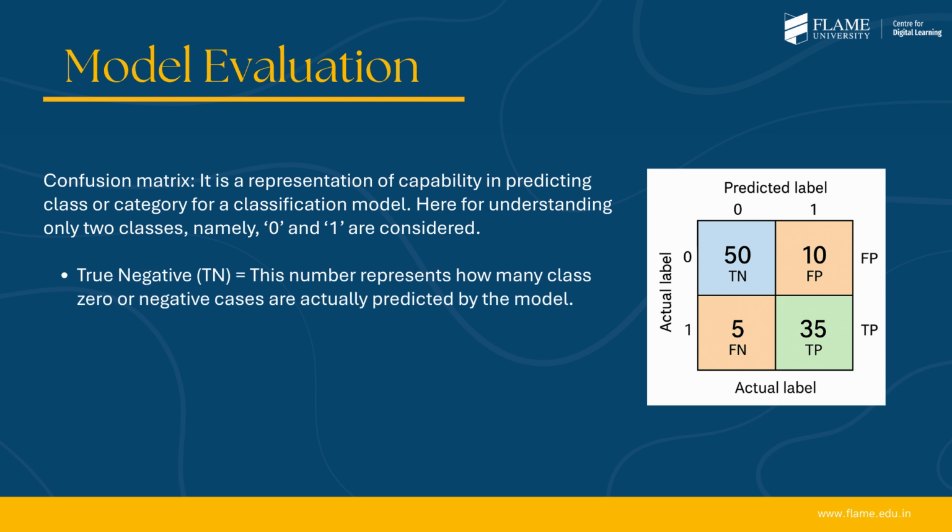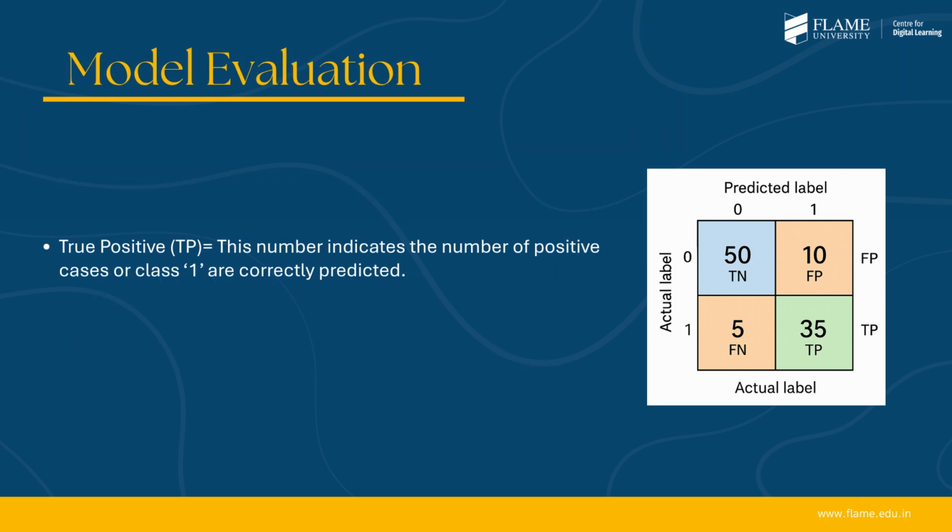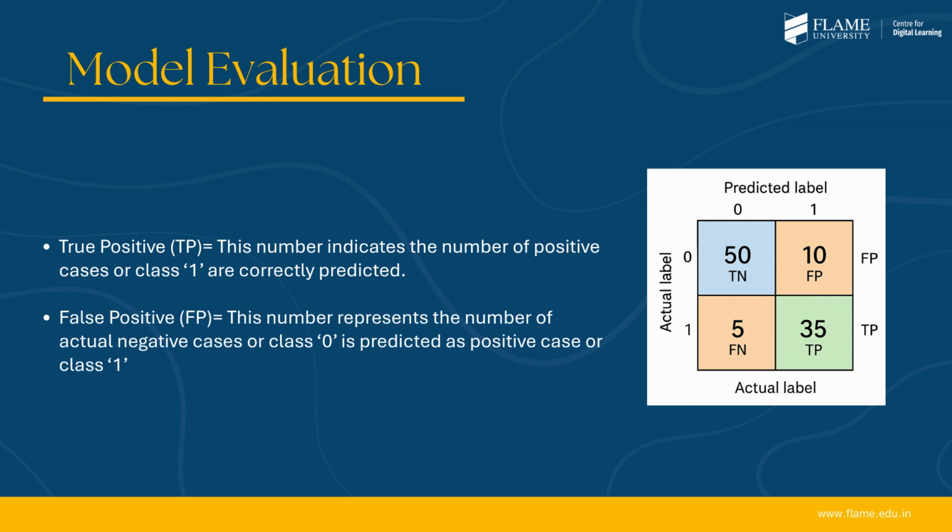One is true negative, where real negative observations are rightly identified by your algorithm. Then you have false negative, where actual ones are predicted as 0. Then true positive, where positive cases are predicted as positive, and false positive, where class 0 cases are predicted as class 1.